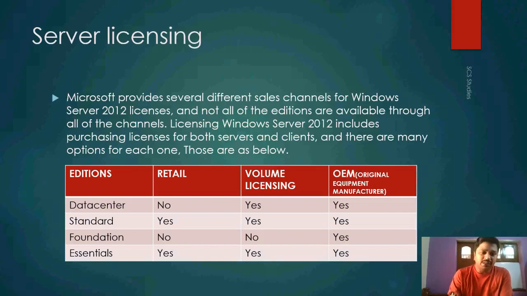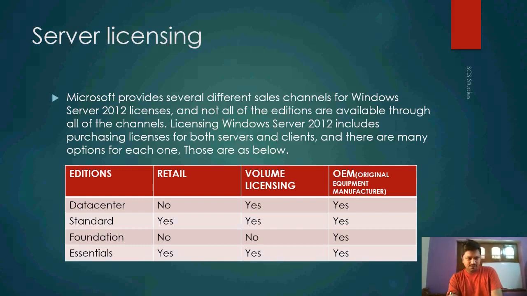For Foundation, retail does not have rights to sell the Foundation version of the operating system, and we cannot get it from the VLSC portal, that means the Microsoft volume licensing portal. It can only be found with the OEMs. OEMs can only provide us the Foundation version of the operating system.